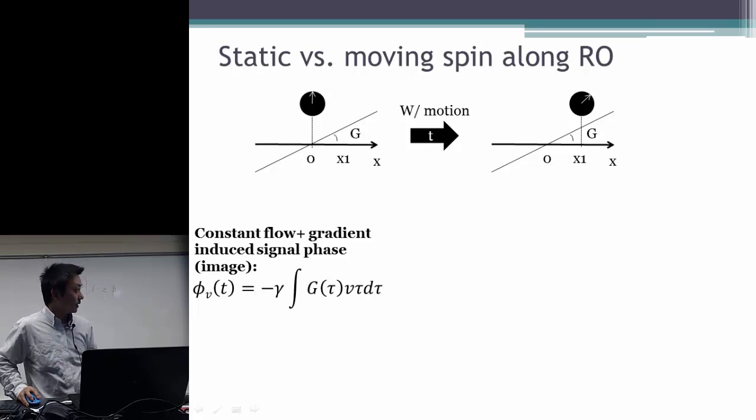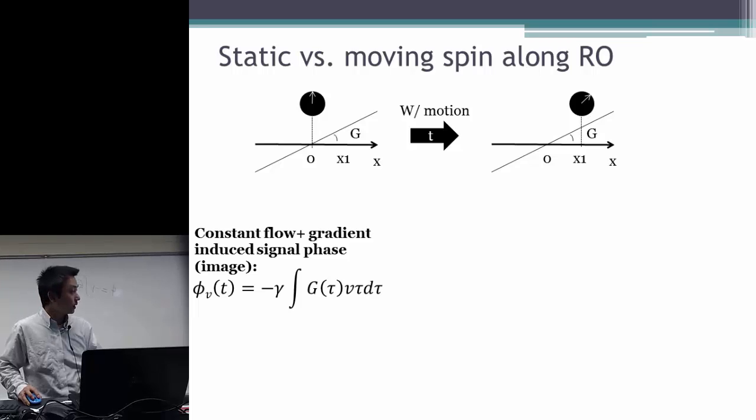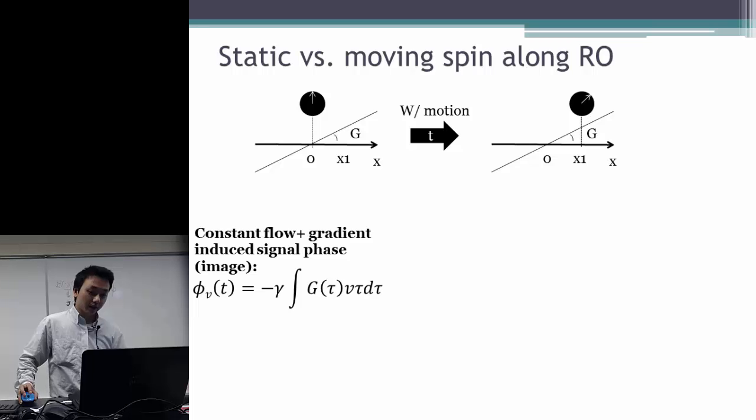So when we're considering constant velocity, this is the phase that it will generate if this velocity is also along the direction of the gradient, right? We can immediately see that if there's no movement, that v is 0, then this additional phase will also be 0. So this is the static spin case.